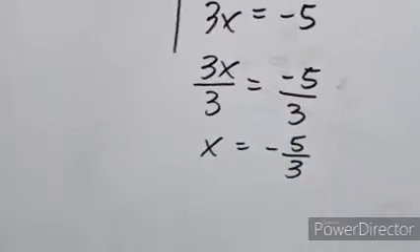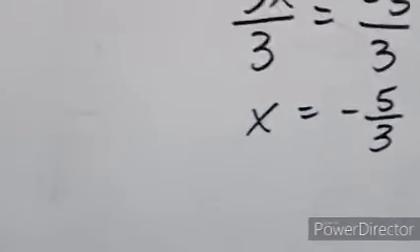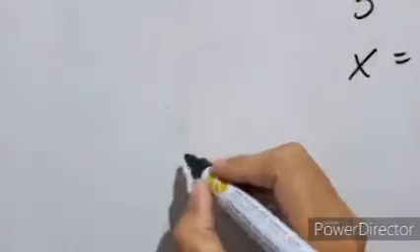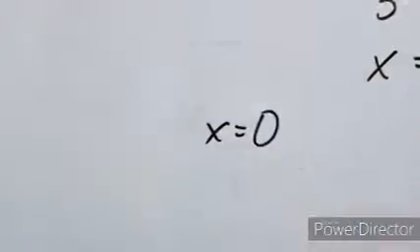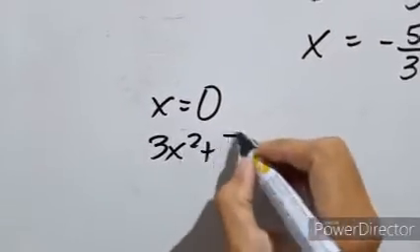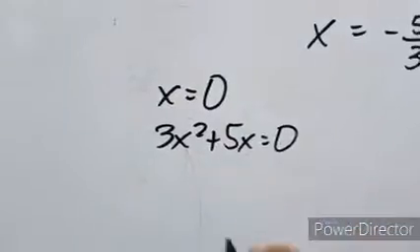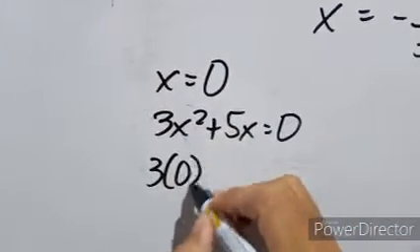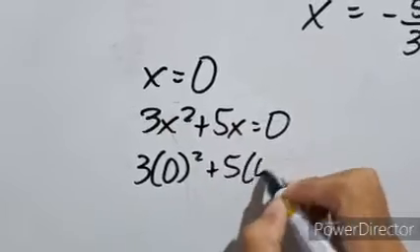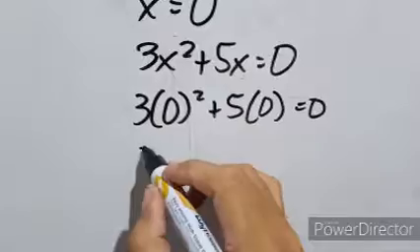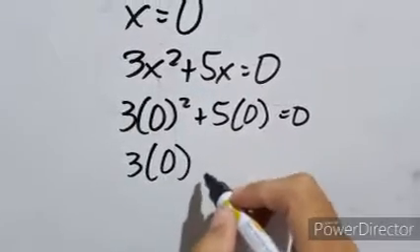So, checking ulit tayo para makasigurado. So, x is equal to 0. Original nating equation ay 3x squared plus 5x is equal to 0. Palitan natin, so magiging 3 times 0 squared plus 5 times 0. And then, squared natin yung 0, 0 pa rin siya.